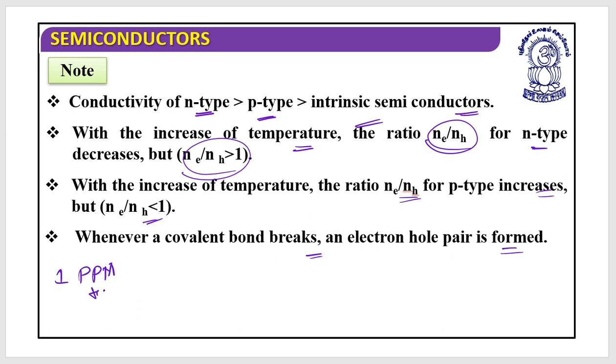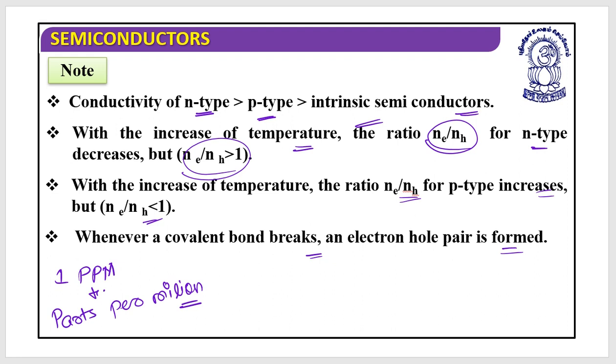When I say ppm, you understand that it's parts per million. So one atom of an impurity, either of p type or n type, is added per one million parts of the intrinsic lattice.